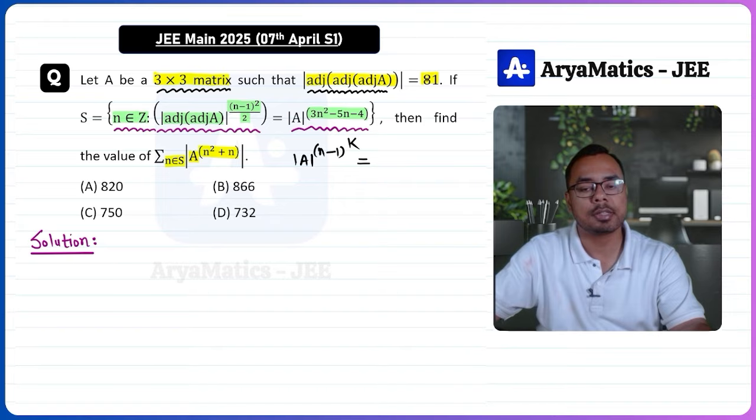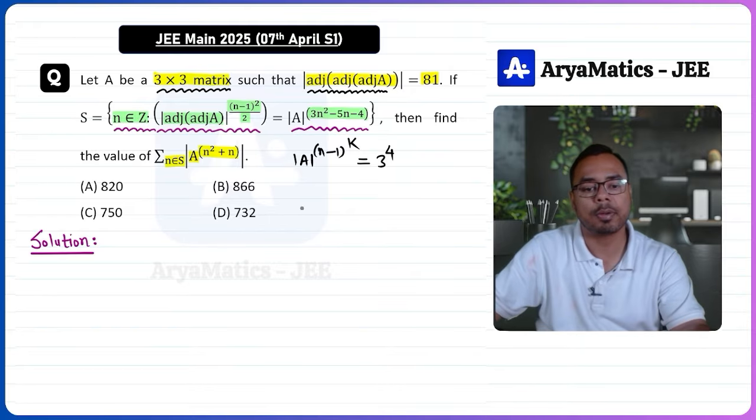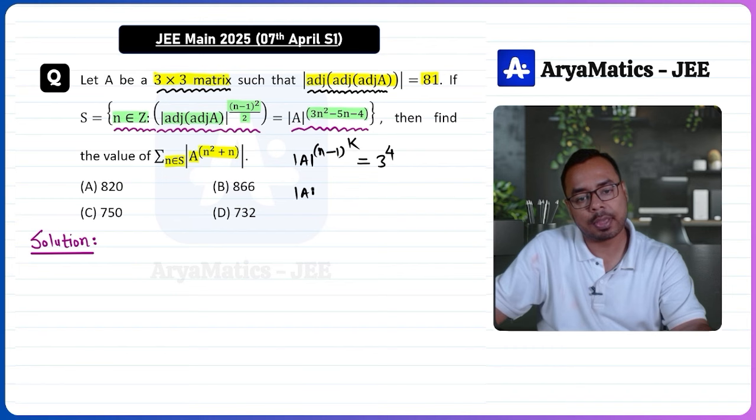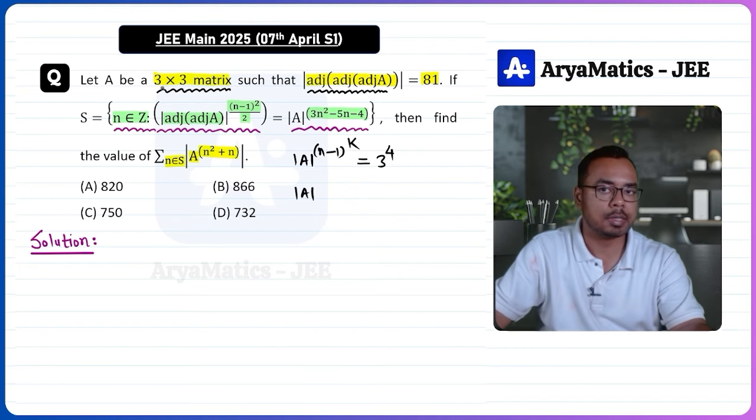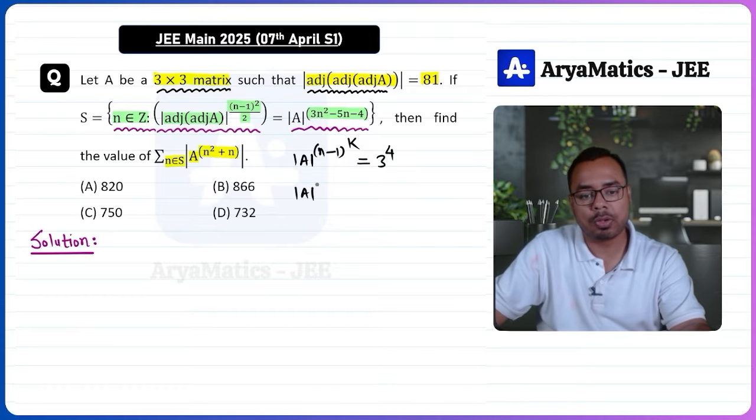And this is given as 81, so this we can write as 3 raised to 4. Now determinant of A, and this raised to n minus 1, so n is 3, that means n minus 1 will be 2, and adjoint we have 3 times, so 2 raised to 3, right? K will be 3 and n is also 3, so 2 cube, that will be 8, and this is 3 raised to 4, right?